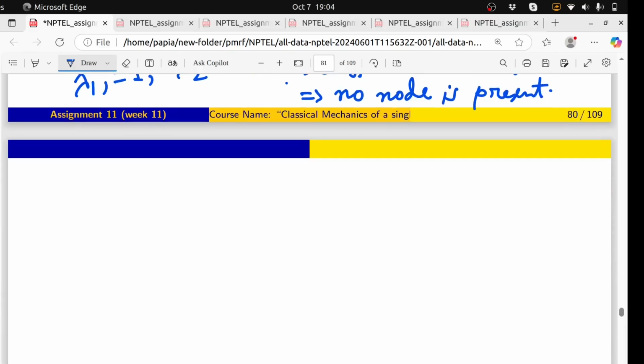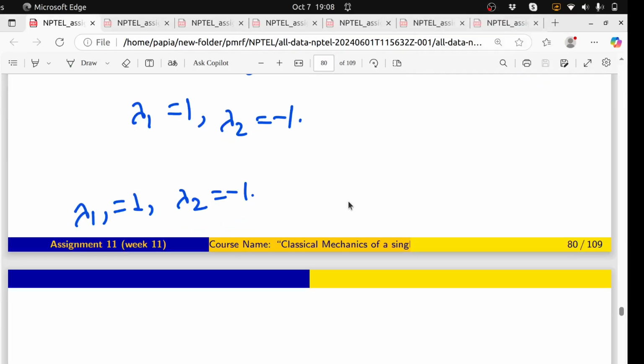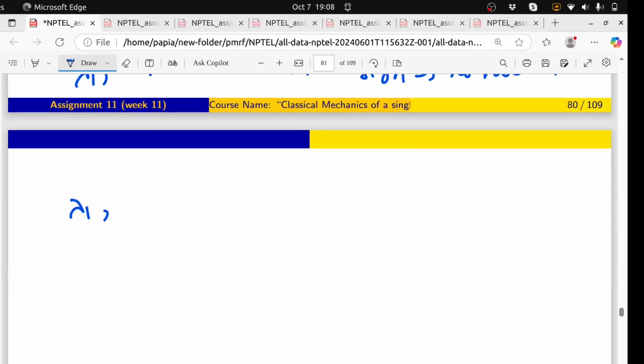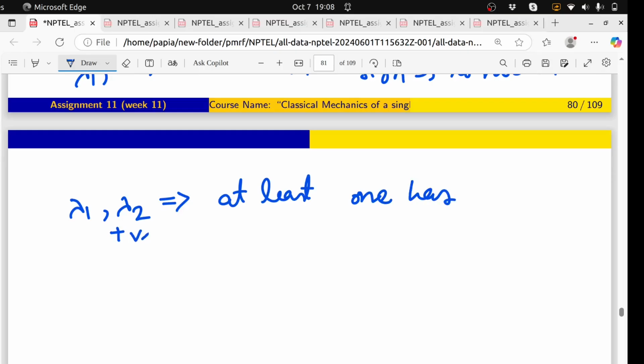And also we can see that at least one of lambda 1, lambda 2 has a positive value.